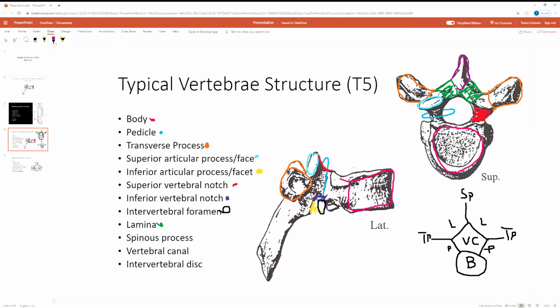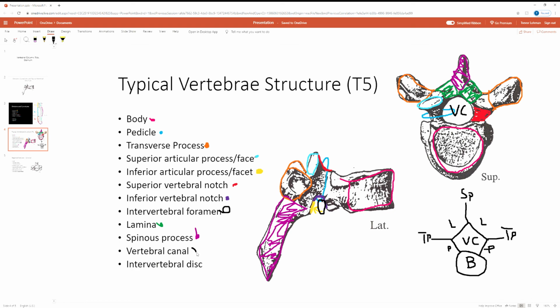You can probably feel those on your back. Your thoracic spinous processes are particularly large and they slope downward. There it is. Vertebral canal we already labeled on our stick figure, but we can label it in the superior view as well.